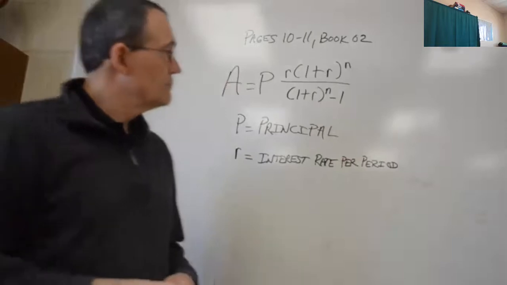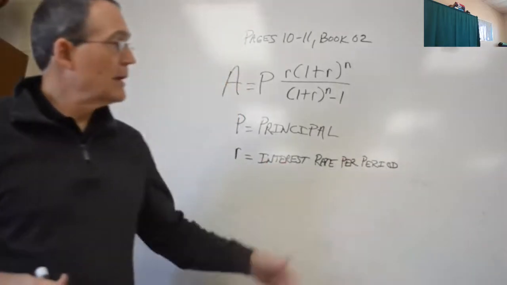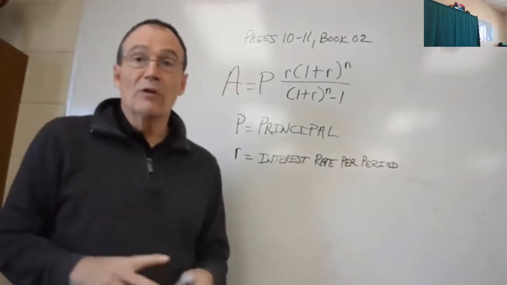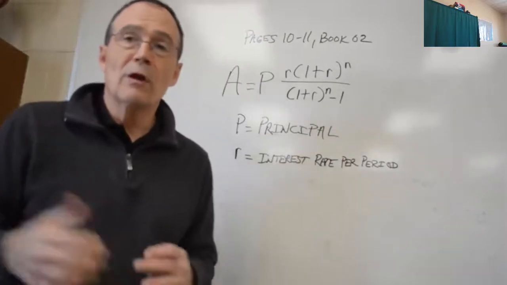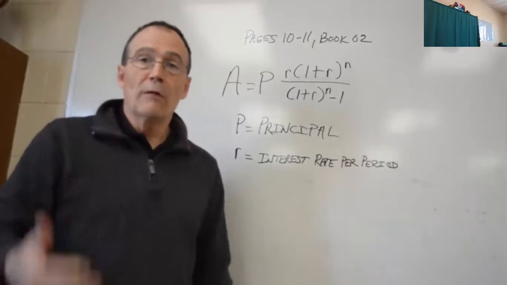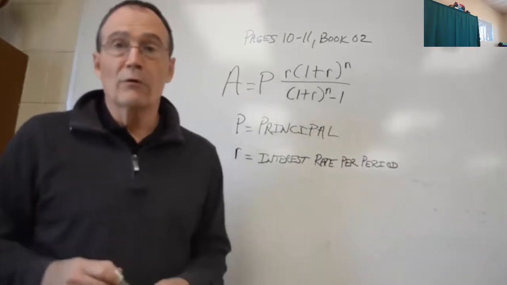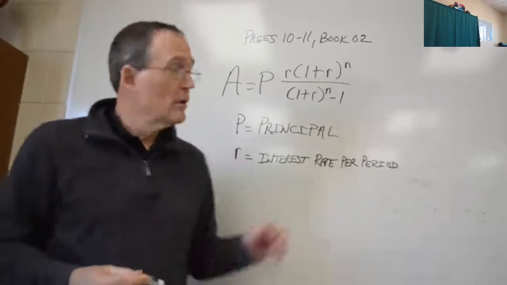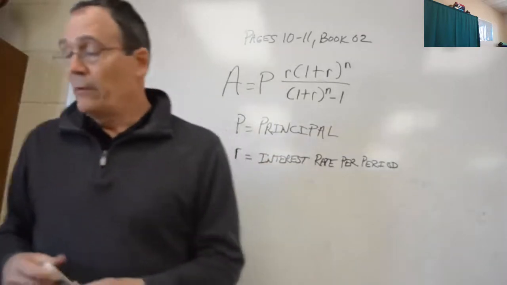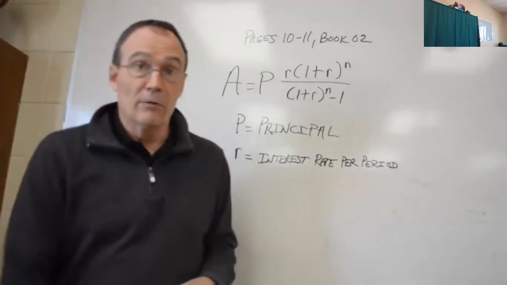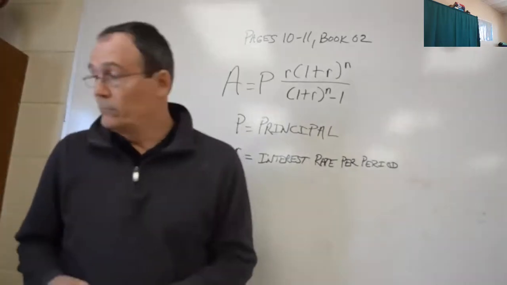This actually gives you, if you will, the cost of the money over time. How much is it going to cost you to borrow that $4,000 or whatever amount you borrow? The interest rate per period, or over X amount of time that you're going to carry the loan.